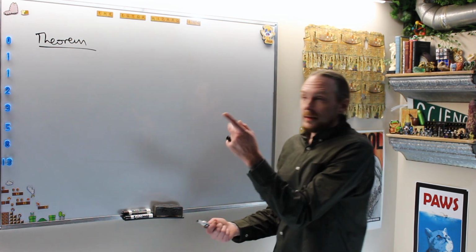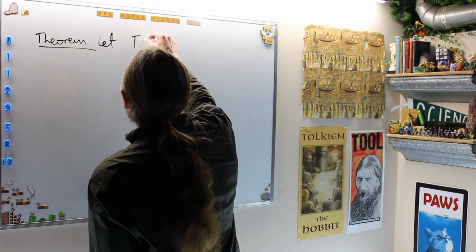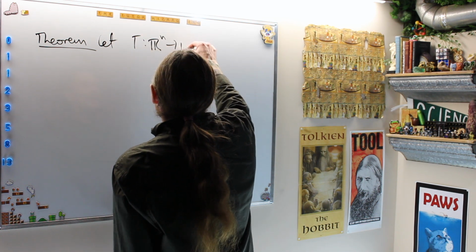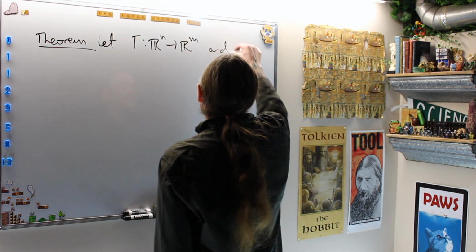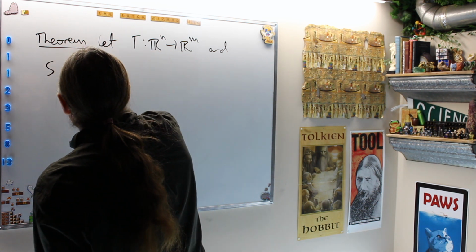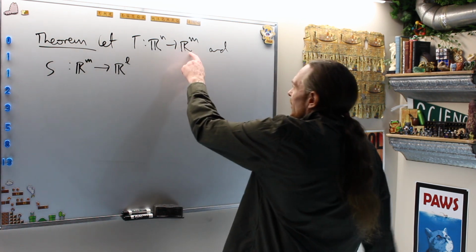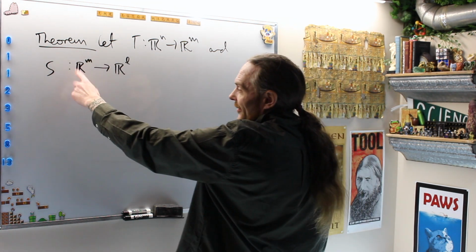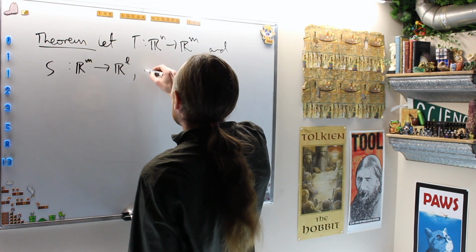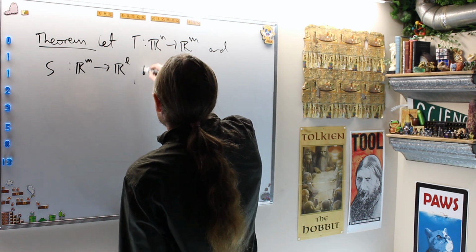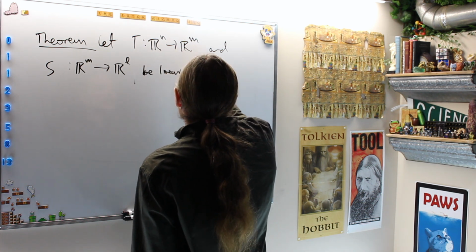Theorem. Let T from Rn to Rm and S from Rm to Rl, and notice that the codomain of T matches the domain of S, be linear transformations.